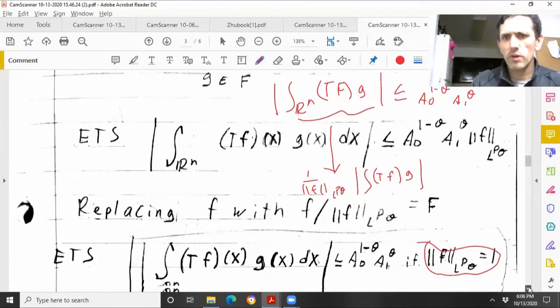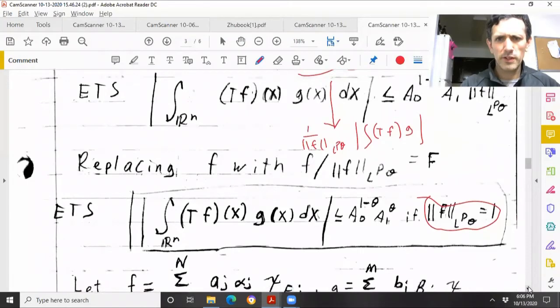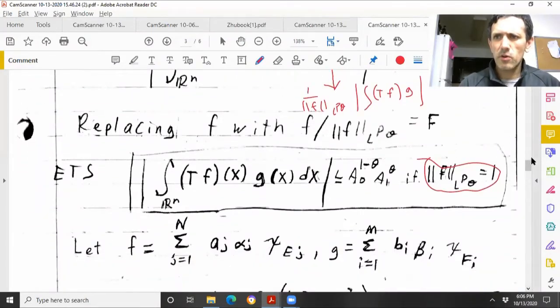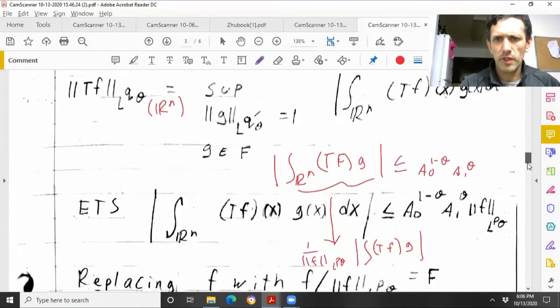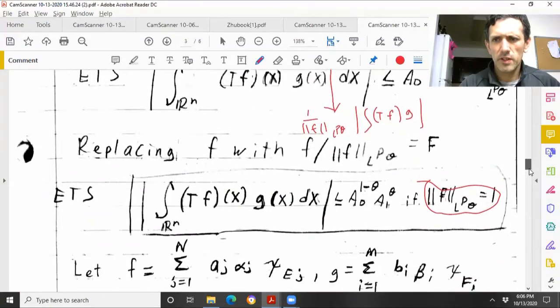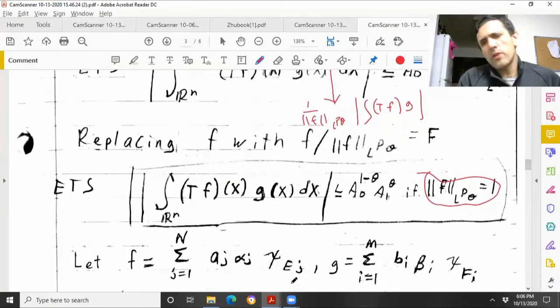Okay, so now here's where things get really, really pretty, in my opinion. Big F is just simple functions that have finite measure support.